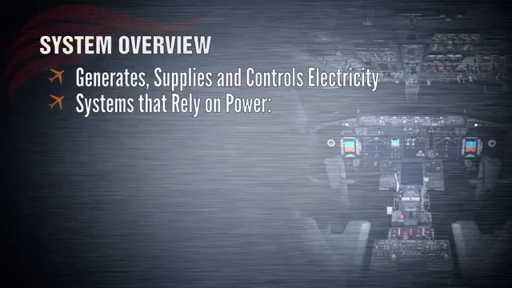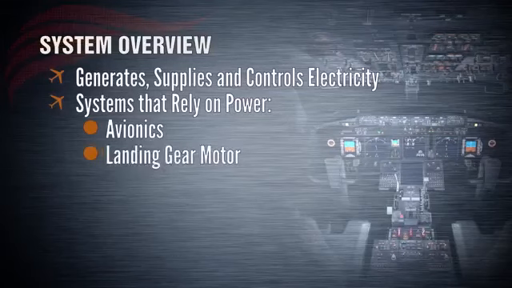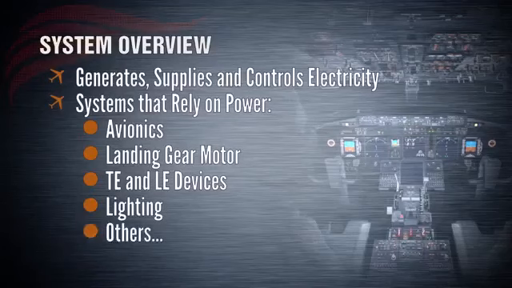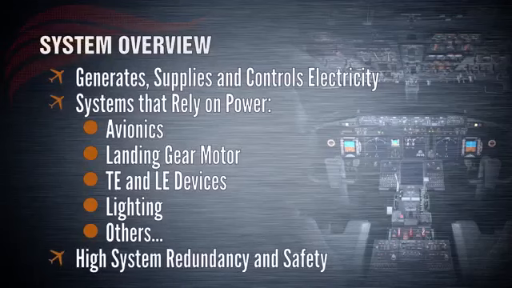A few of these are flight deck avionics and display units, landing gear motor, trailing edge and leading edge devices retraction extension actuators, aircraft lighting, and other elements. For this reason, overall redundancy and safety built into the electrical system is considerably high, as many essential components depend on it. We'll discuss this idea progressively as we move through the lesson.